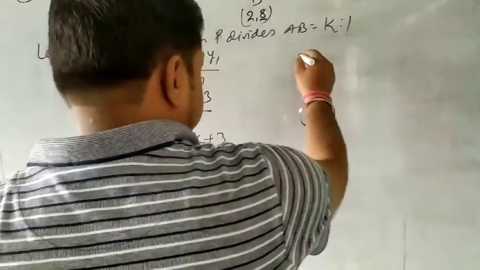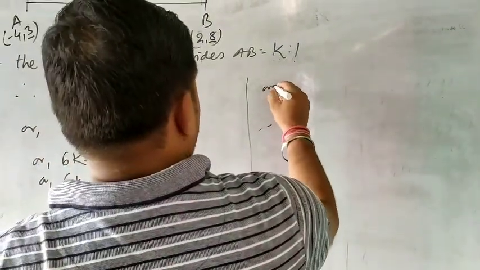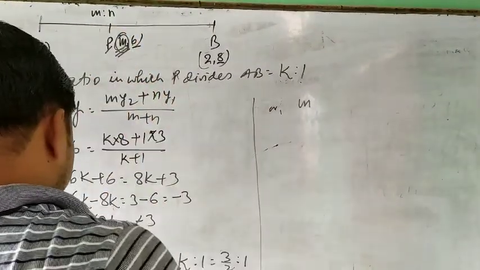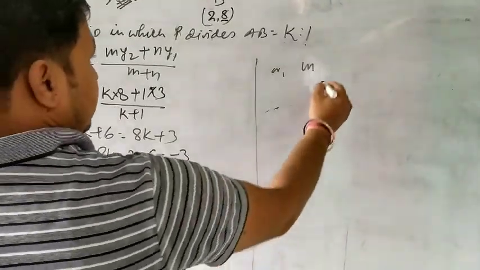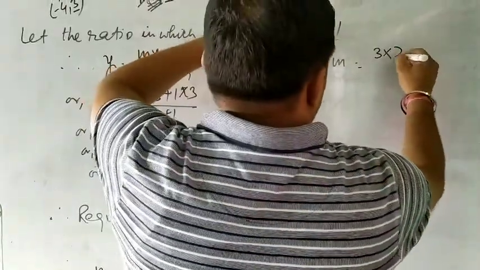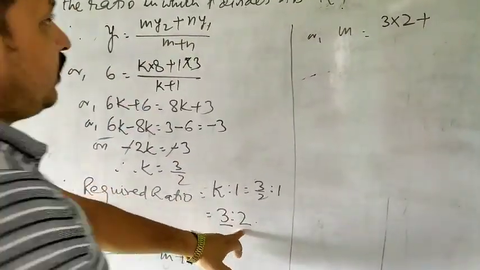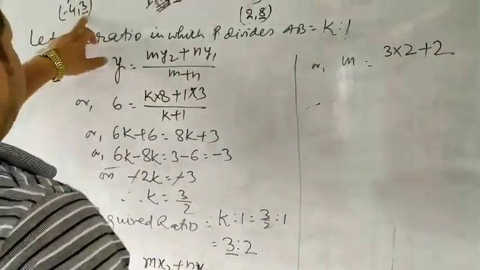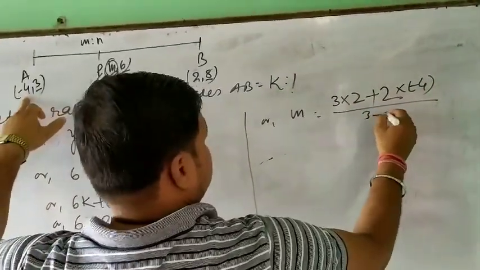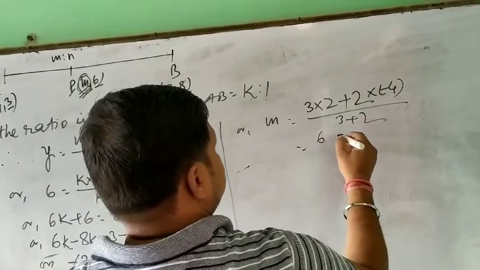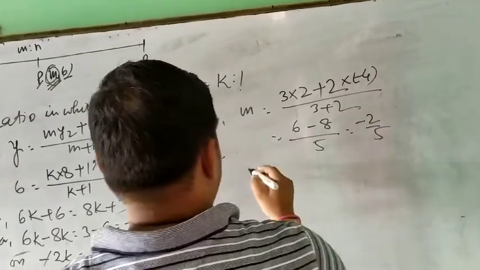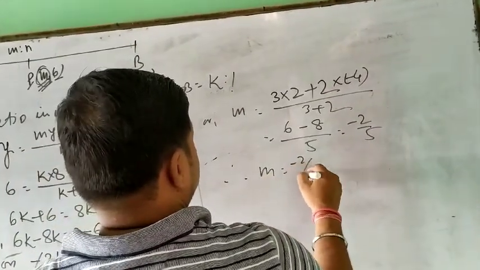Here m is the value of x of point P and m equal to 3. So equal to 3 into x2, that means 2 plus n equal to 2 and x1 equal to minus 4, by 3 plus 2, equal to 6 minus 8 by 5, that means minus 2 by 5. So that m equal to minus 2 by 5.